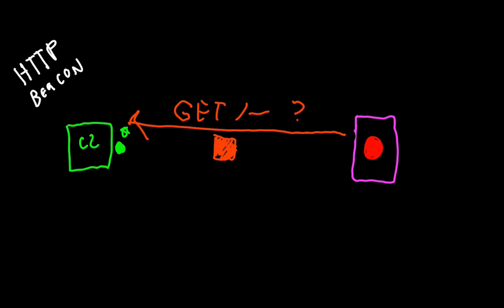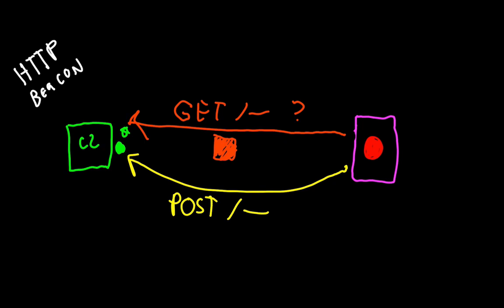Okay? Makes sense so far? Now let's say that your tasks generate output, something to send back to Cobalt Strike. The HTTP beacon will follow this up with another request that is actually an HTTP POST.